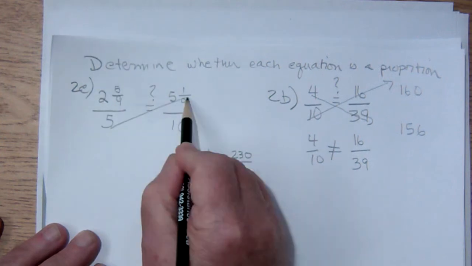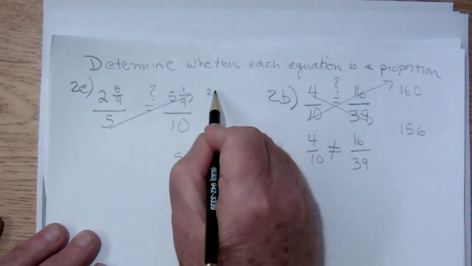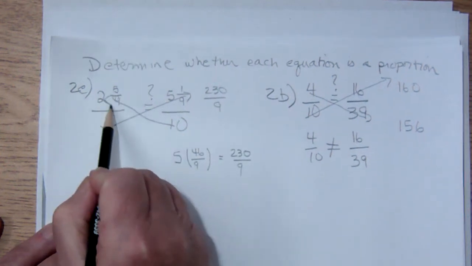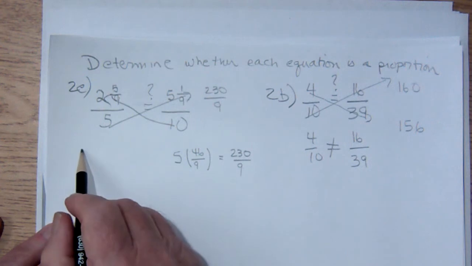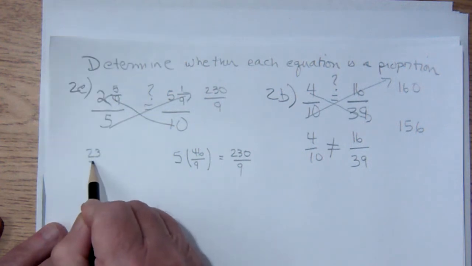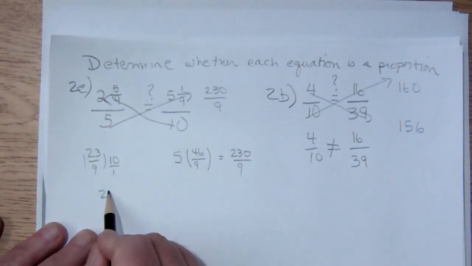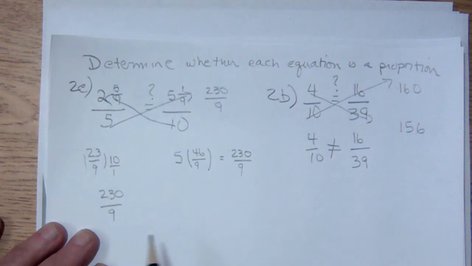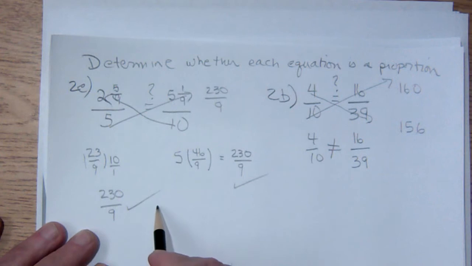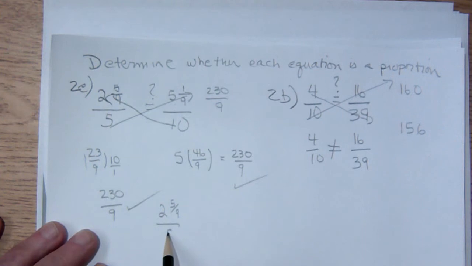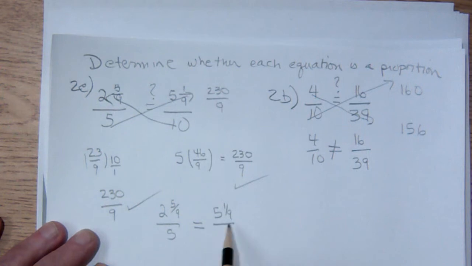So this way I get 230 over 9. If I multiply the other way, that times that, I'm going to have 23 over 9 times the 10 over 1. And I also get 230 over 9. Since this product is equal to that product, I can say that we have equality here. So 2 and 5 over 9 is to 5 is in fact equal to 5 and 1/9 over 10.